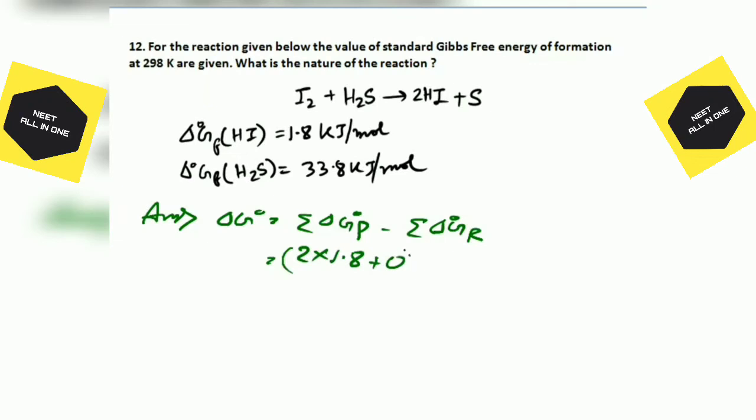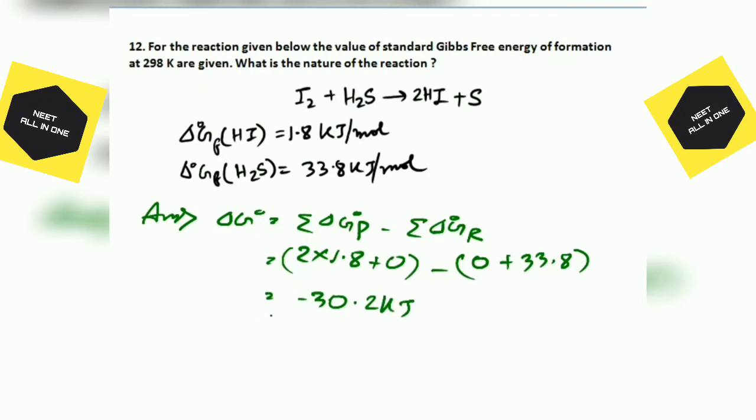That will be the summation of products of del G, and here for the reactants, we're gonna write 0 plus 33.8, because you can see that for H2S it is given but I2 not given, so we'll write it 0. So if we just calculate it, the value will come minus 30.2 kilojoule.